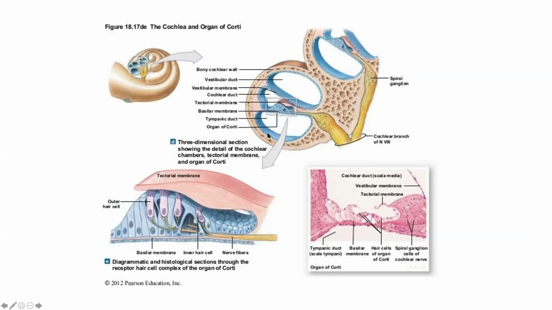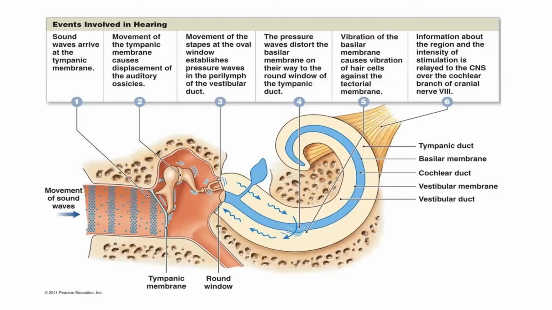So when we hear, this sends a signal. We have our sound wave, it hits the tympanic membrane, our eardrum, and vibrates it. It vibrates the bones, the auditory ossicles, which vibrate the oval window, sending a pressure wave through the perilymph. Based on the frequency, that goes through the cochlear duct at a certain point and displaces the basilar membrane, causing the hair cells to bump up into the tectorial membrane.